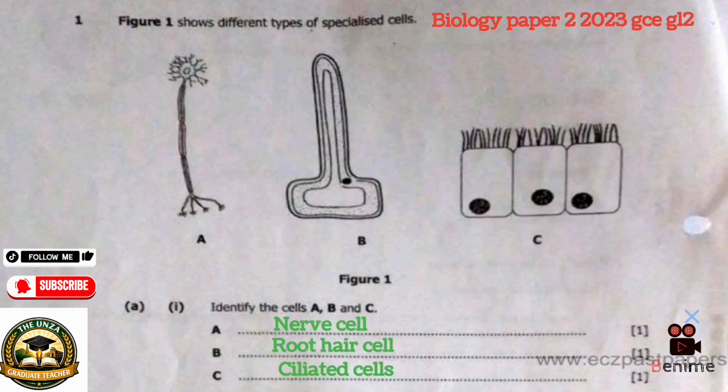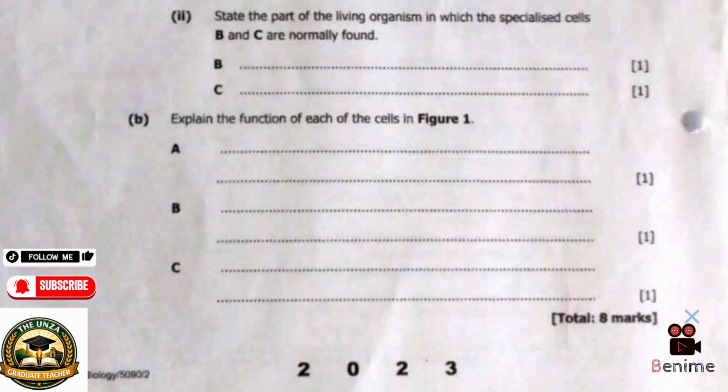We are going to look at question A2 right now. Question A2 said, state the part of the living organism in which the specialized cells B and C are normally found.